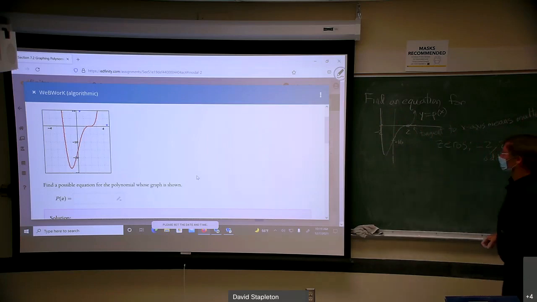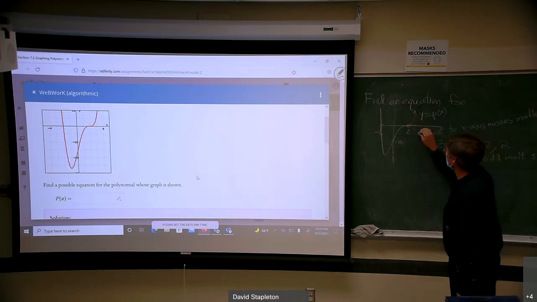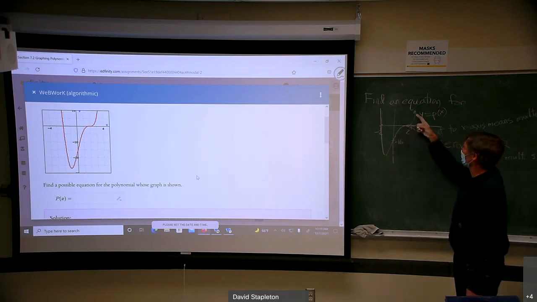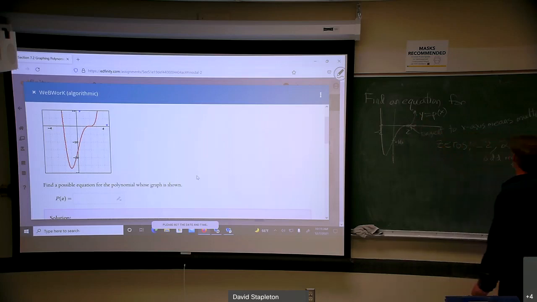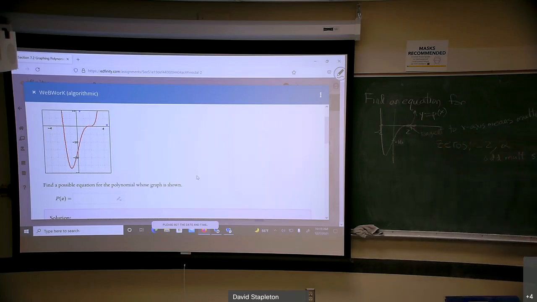I don't know that it spells this out in the book real well, but they still seem to expect you to figure it out in this problem. So this is odd multiplicity because it crosses, but it's multiplicity greater than 1 because it flattens to become tangent to the x-axis. So it must be multiplicity 3 or 5 or 7 or something.